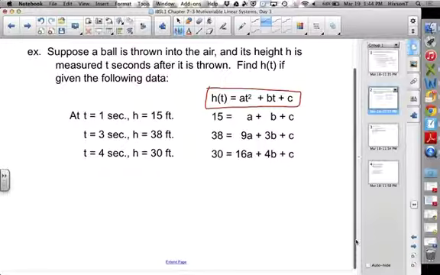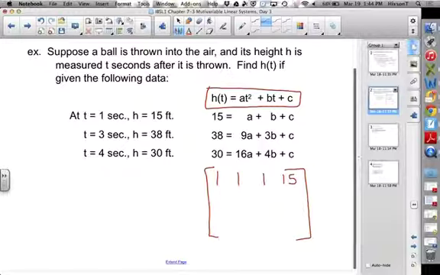So, what would my augmented matrix for this system be? 1, 1, 1, 15. Good. Remember, the constants have to go in the last column, even though they're on the left in this case. How did you figure out that it's 16a plus?